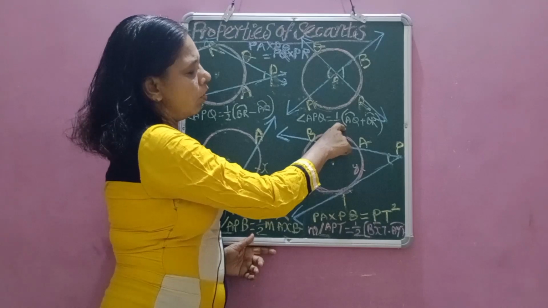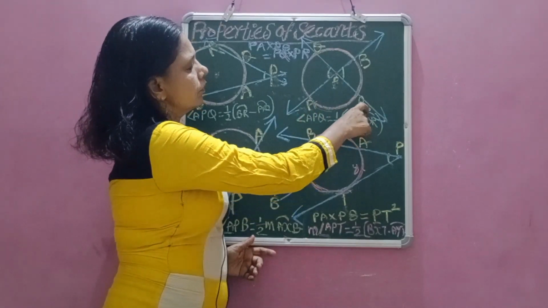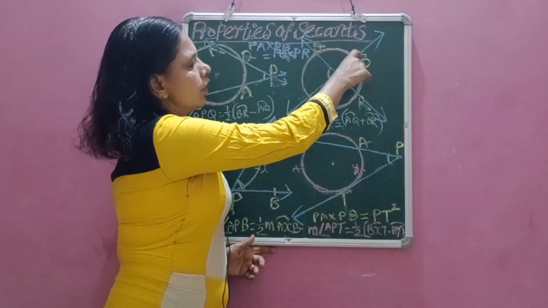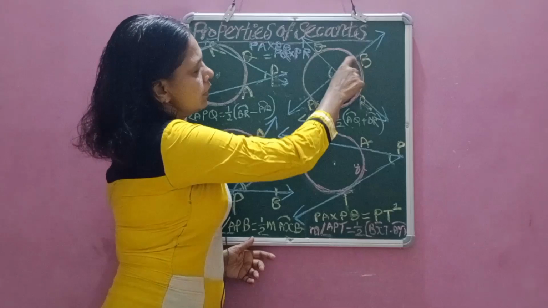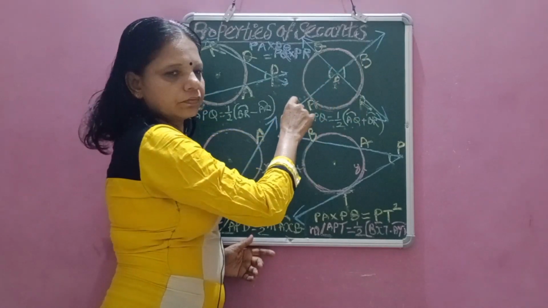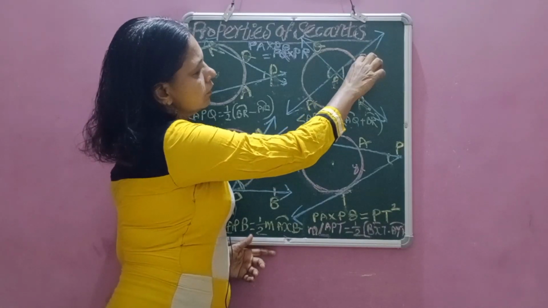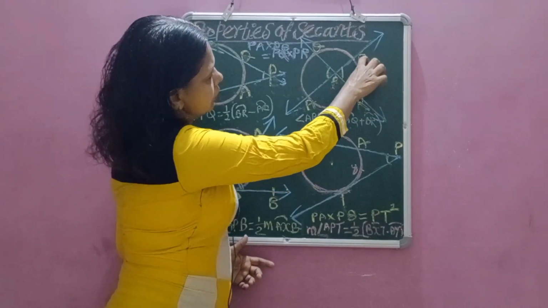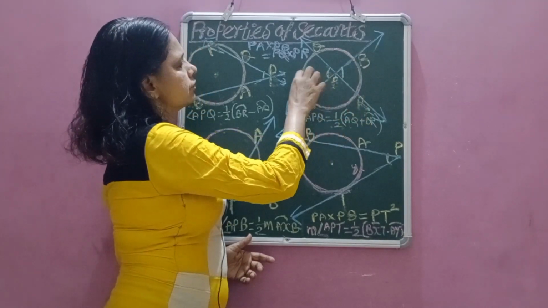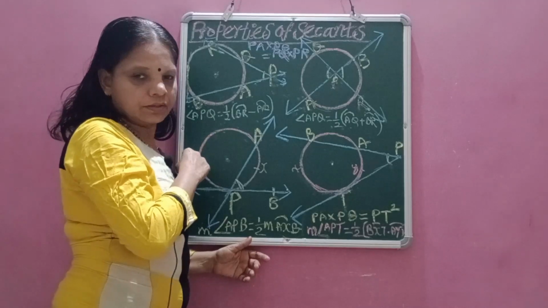Half of bracket measure of arc AQ plus measure of arc QB. If you are taking this angle, that is BPQ, equal to half measure of arc BQ plus measure of arc BR plus measure of arc AQ. The corresponding intercepted arcs you have to take.